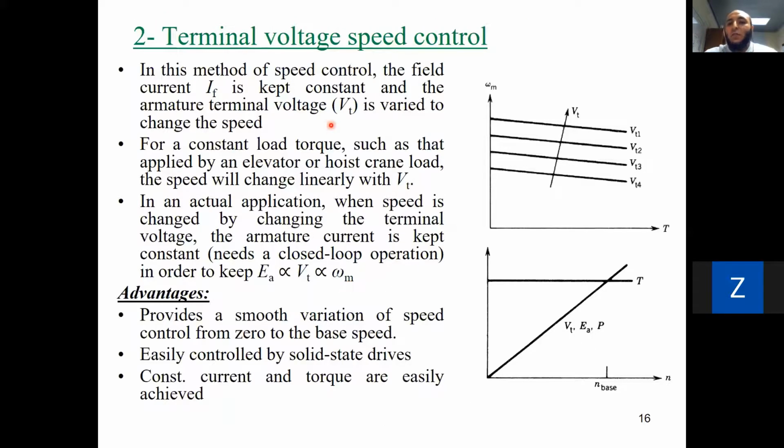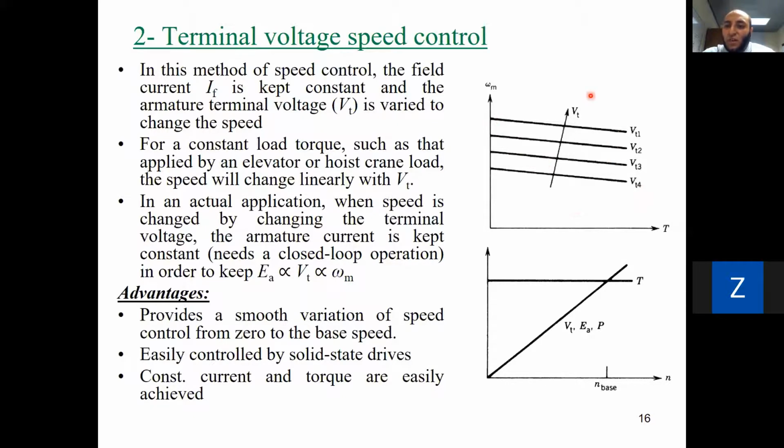Second type is the terminal voltage speed control. As we described in the equation, if we change terminal voltage, the speed will be changed. However, for terminal voltage control, the no load speed also will be changed because no load speed equal to V divided by K phi. So as you can see, all of the characteristic is moving down if we decrease the voltage.